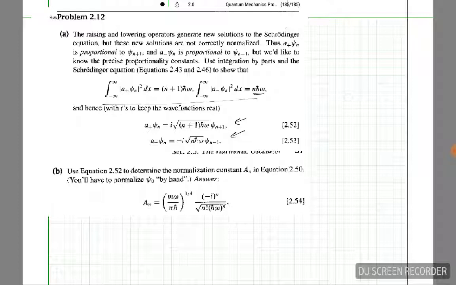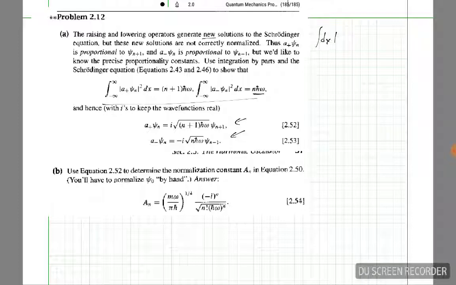So our point here is we want to show that the raising and lowering operators are generating new solutions to the Schrödinger equation, meaning that we can't normalize, say, the ground state wave function and have that same normalization constant be valid for all the energy levels, because it's not. But each one is normalized.